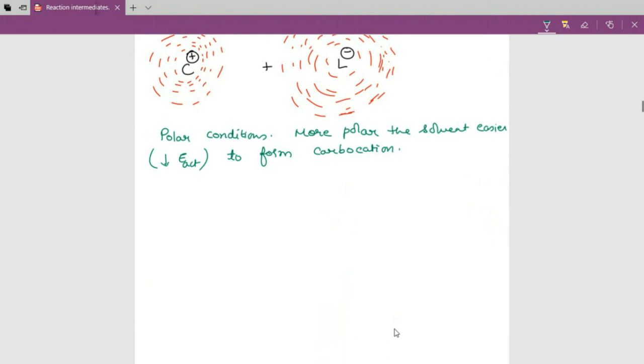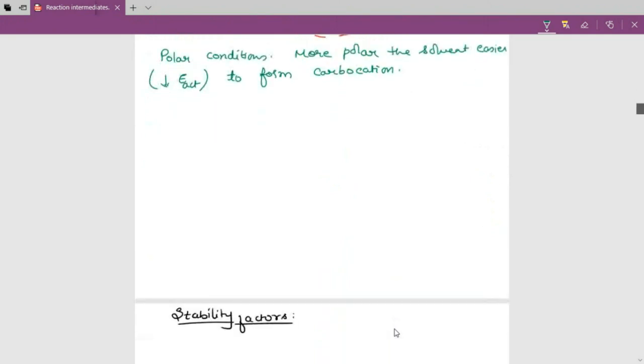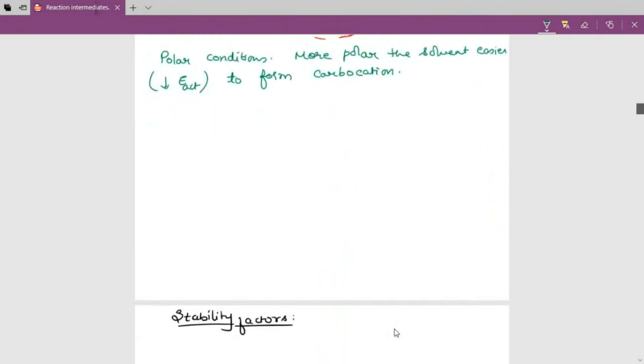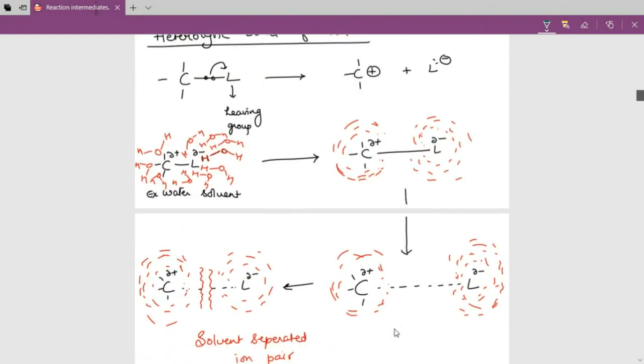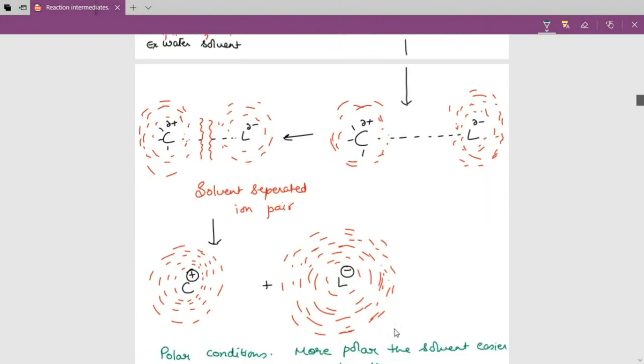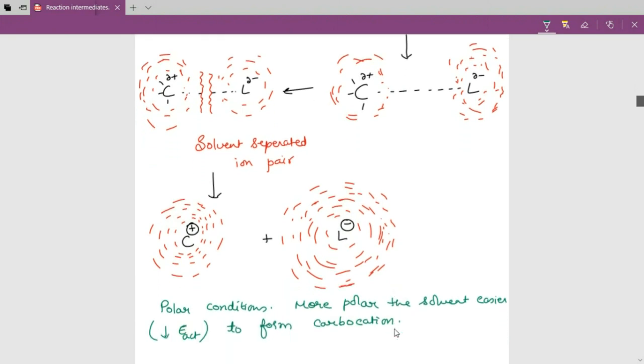Okay, the more polar the solvent, the easier it will be to form the carbocation. That is how solvents should play a role in helping the carbocation. So we need a heterolytic bond fission, and for that we need a polar solvent which will support this heterolytic bond fission.